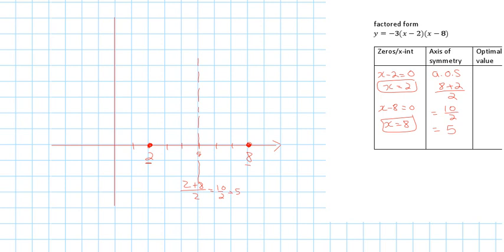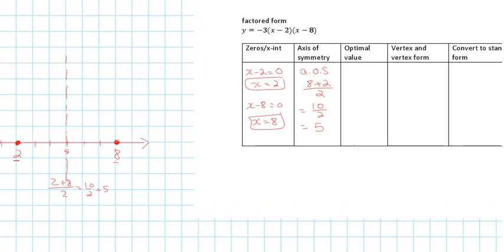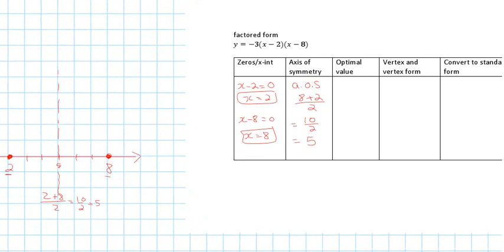Now, to find where my point is going to be, I need to solve for that. How do I solve for that? I take the optimal value, the axis of symmetry, and I plug it in for x to solve for y.